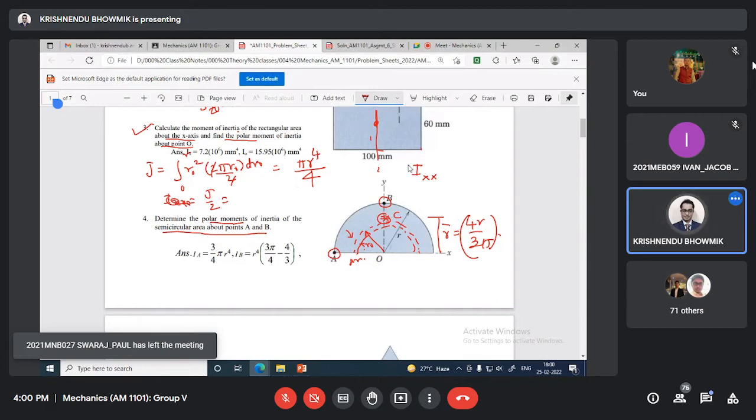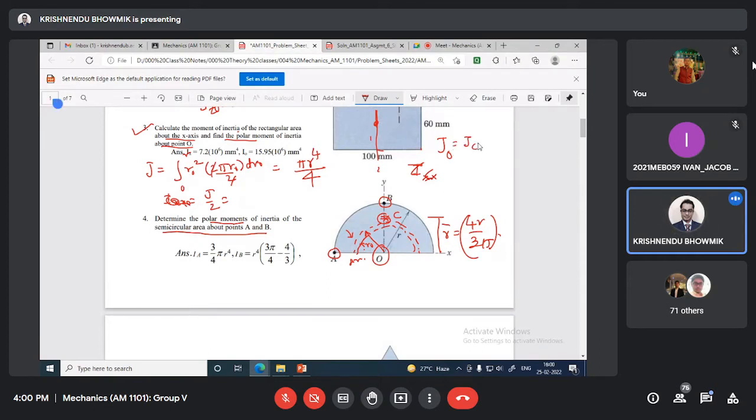I will write here. This is J0, and J0 will be Jc plus A r bar squared. That relationship is valid, correct? Because we know at the centroid the value is minimum.